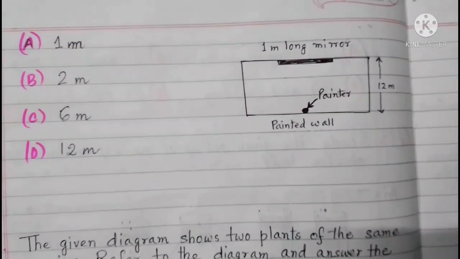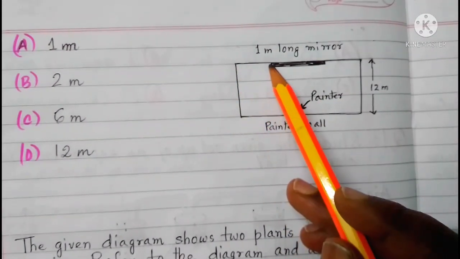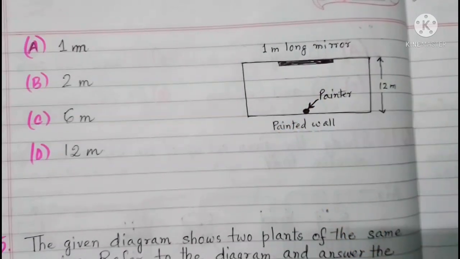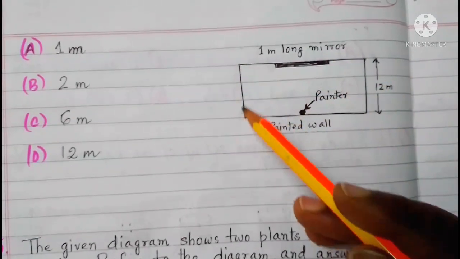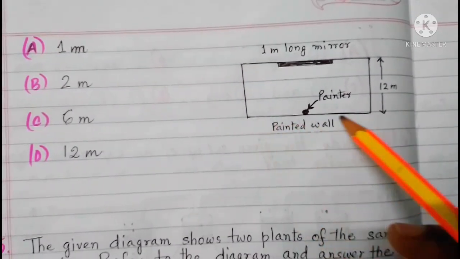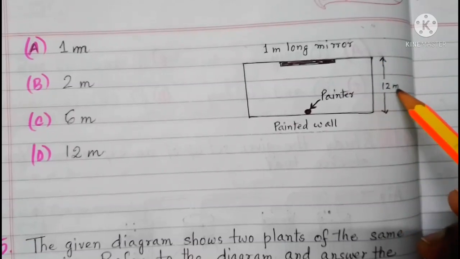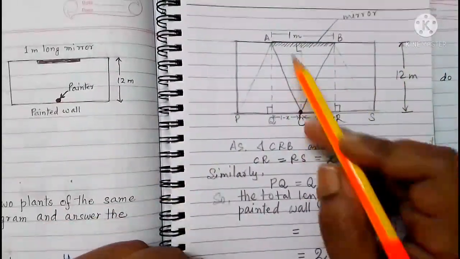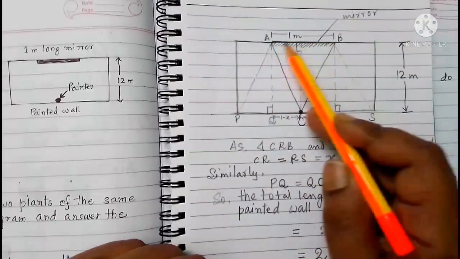Okay, we will see the figure. This is the 1 meter long mirror, the painted wall, and this is the distance between the two walls. It is 12 meter. I have drawn this particular figure in this manner. Can you see that this 1 meter mirror is over here?